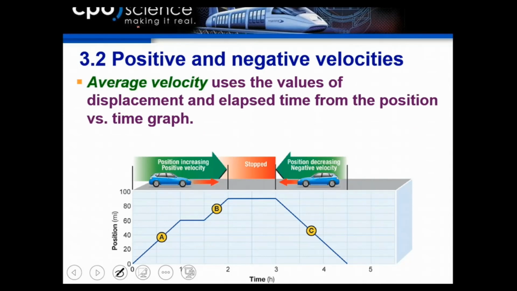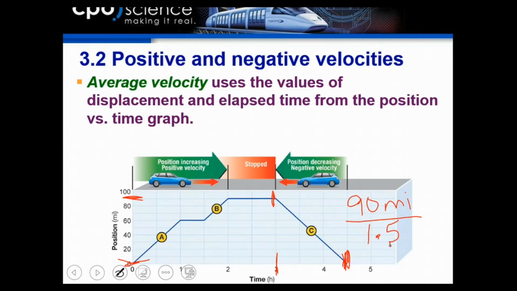Okay, so now we can calculate the average velocity at segment C here. So we want to take the distance that was traveled, so that's 90 to 0, right? So that's 90 miles. And the time it took, so from 3 to 4.5, so that would be 1.5, right?